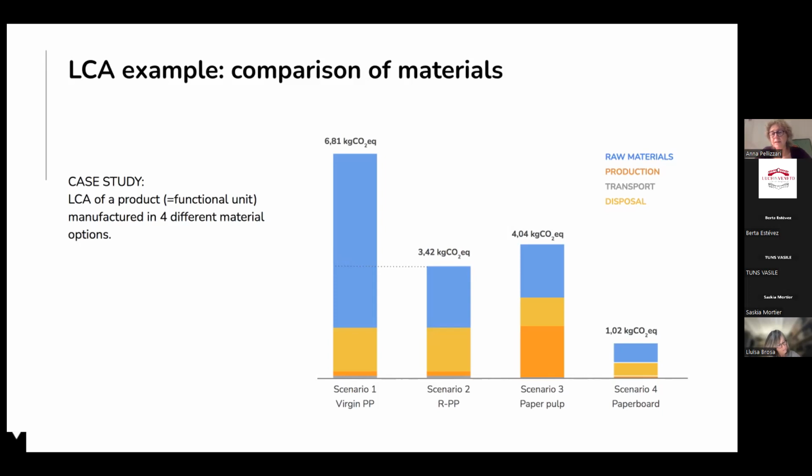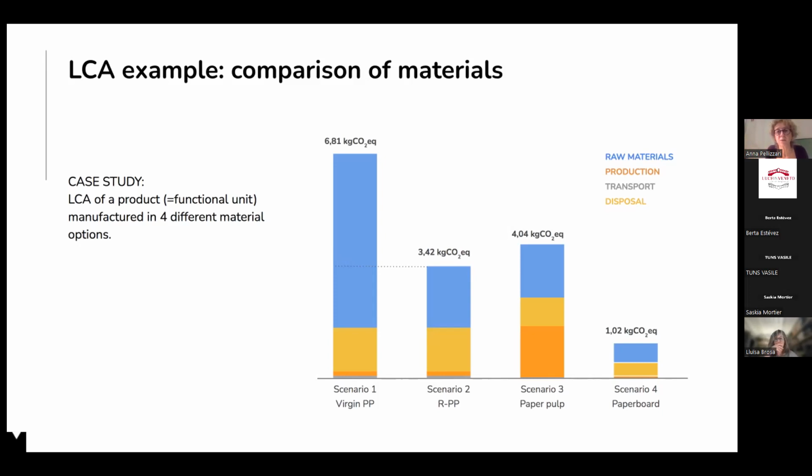So in this case, the result was interesting because it was completely counterintuitive compared with what one would have expected. One thinks of a plastic object and a paper pulp object, and would instinctively think that paper pulp would be better, while instead it is not necessarily so.